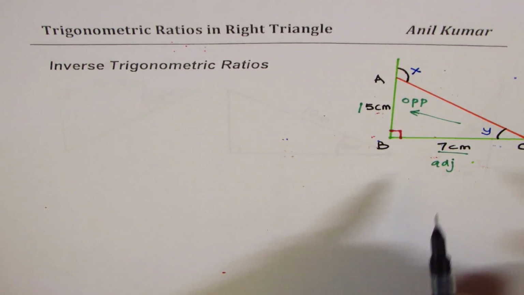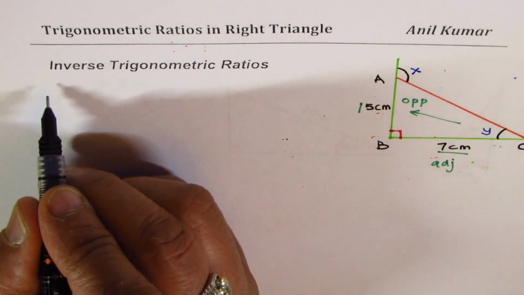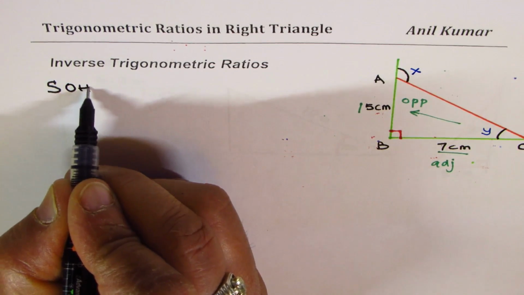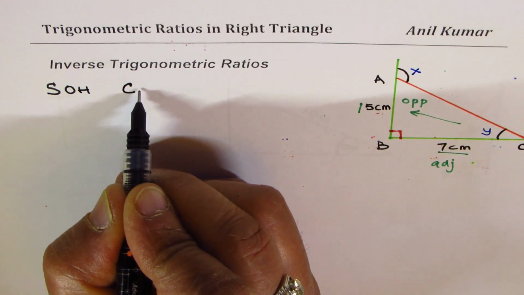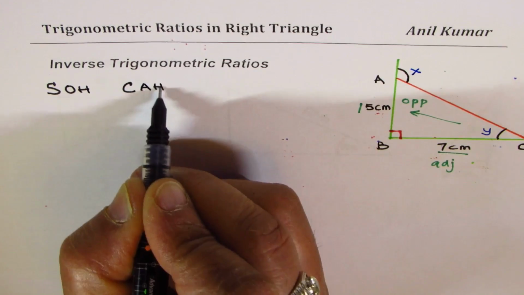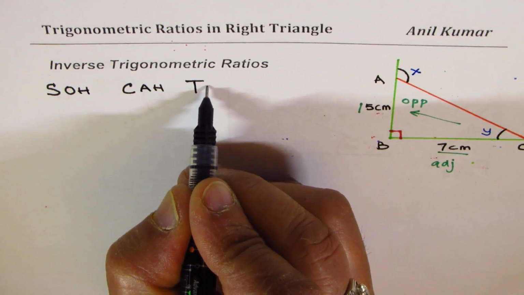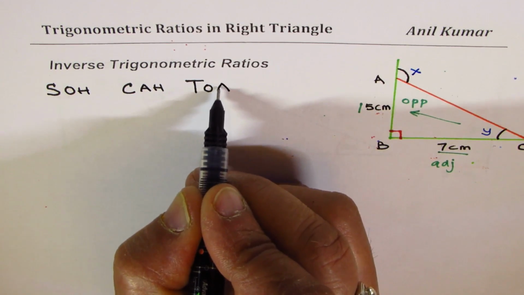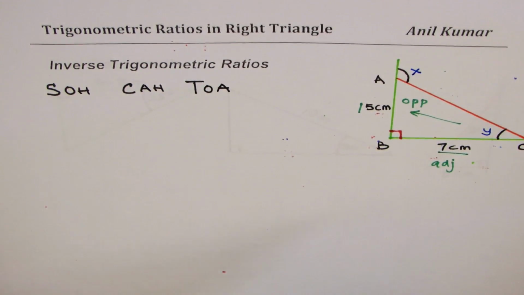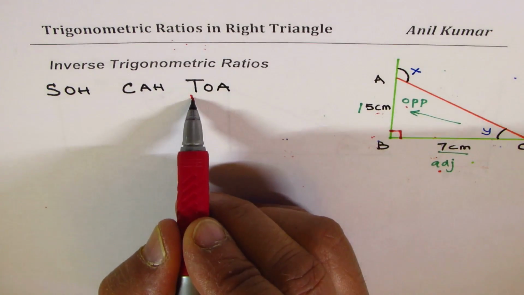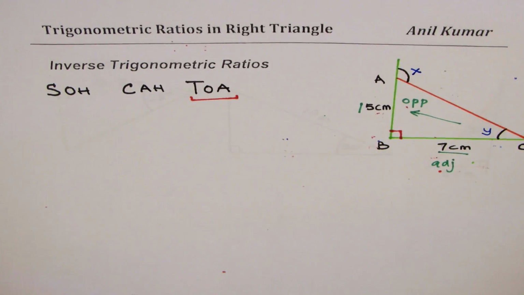What we learned earlier was that sine is a ratio of opposite to hypotenuse, cosine is a ratio of adjacent side to hypotenuse, and tan is a ratio of opposite to adjacent side. Now in this particular case, we are looking at the opposite and adjacent sides, so we'll go for the tan ratio. Do you see that? That is how we decide which ratio to use.